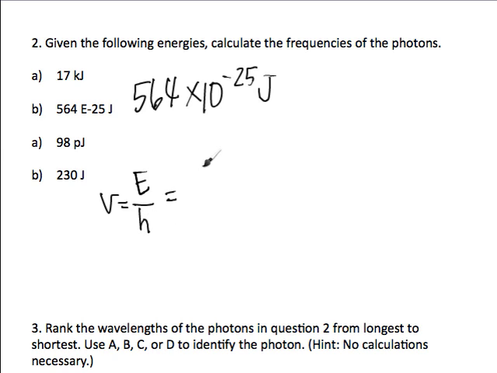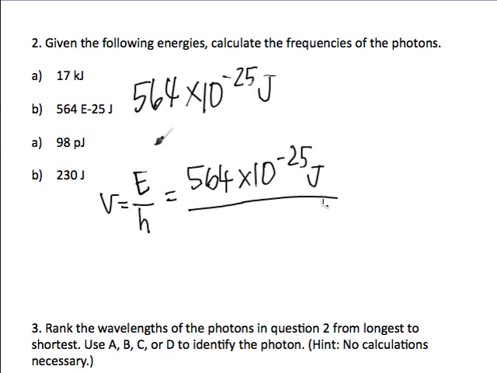So the energy is 564 times 10 to the negative 25 joules divided by Planck's constant, which is 6.63 times 10 to the minus 34 joules times seconds. So memorize this constant because it's useful. You don't have to always look for it. So the joules can be crossed out.